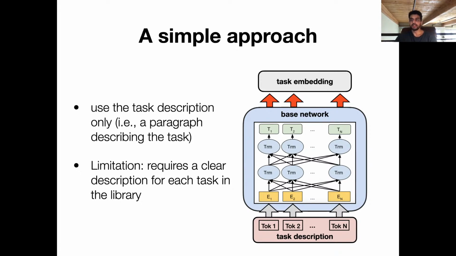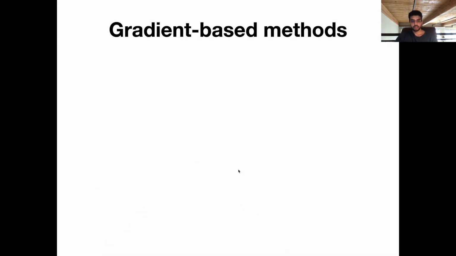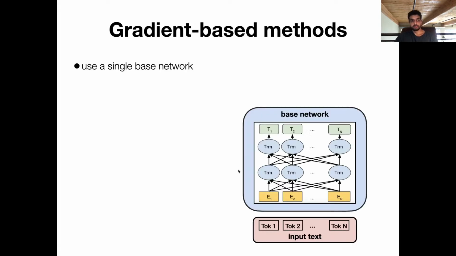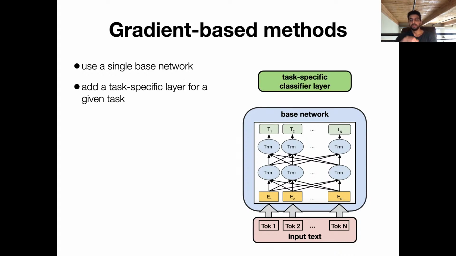So we might want a method that distills this task embedding from the actual fine-tuning process itself. In particular, I can use some information about the gradients of the model during the fine-tuning process to get some information about the task itself.